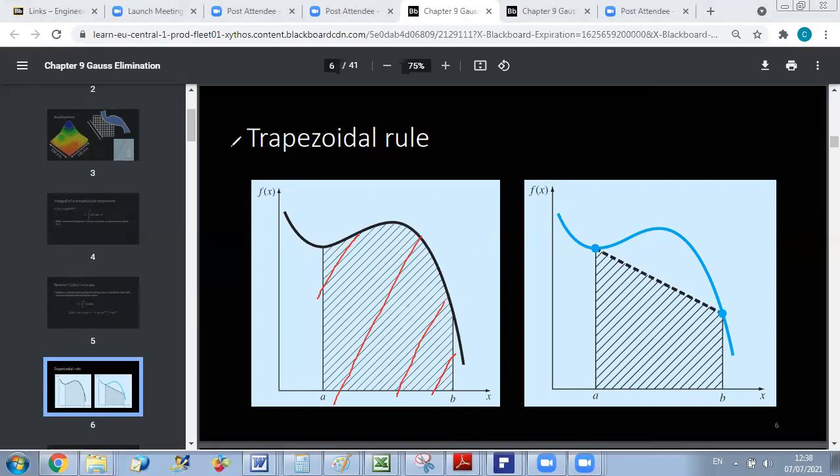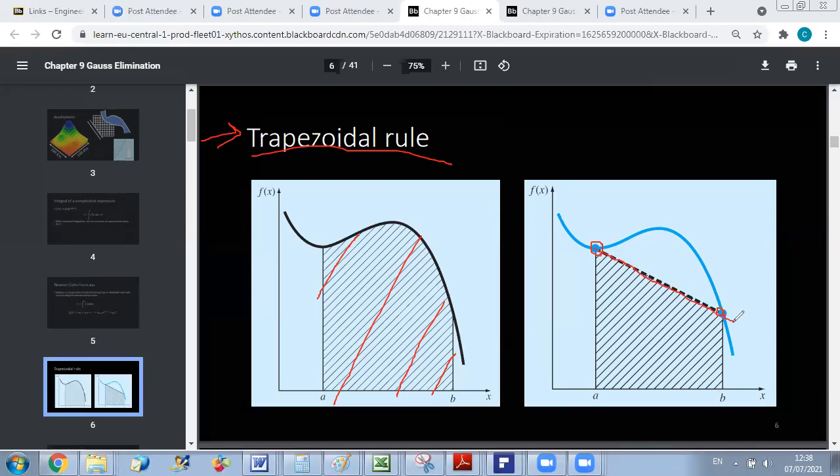So the first rule that we can use is the trapezoidal rule, and I think that you are familiar with this rule. All you have to do, if you have a certain segment AB, is take the extremity points, join them, and then you will simulate your curved function by a linear function.